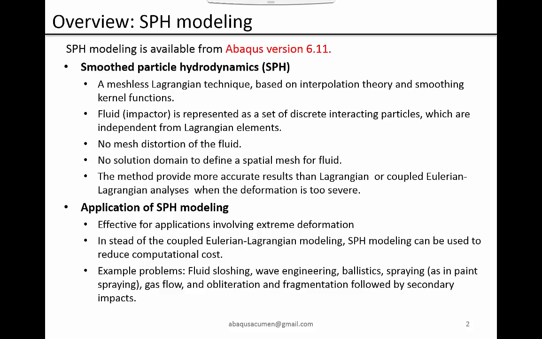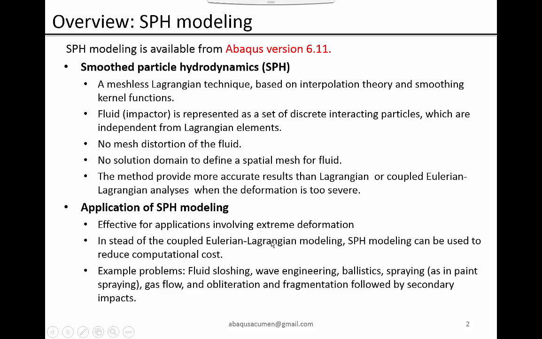Also people claim that CEL, which is coupled Eulerian Lagrangian analysis, also available within Abaqus as a fluid structure interaction or high deformation problem solving technique, is claimed to be worse than SPH when deformation is too severe. Now going back to the application of SPH modeling, it is effective for applications involving extreme deformation.